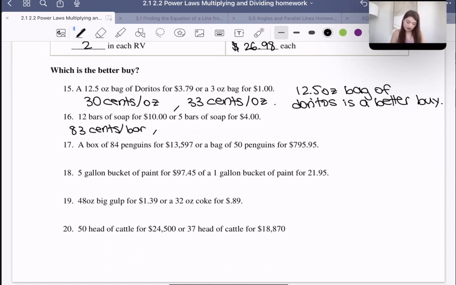What about 5 bars of soap for $4? So 4 divided by 5 is 0.8. So that's 80 cents per bar. So the better buy is 5 bars of soap for $4.